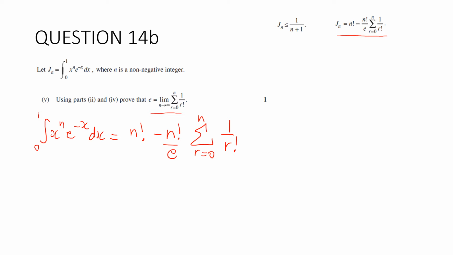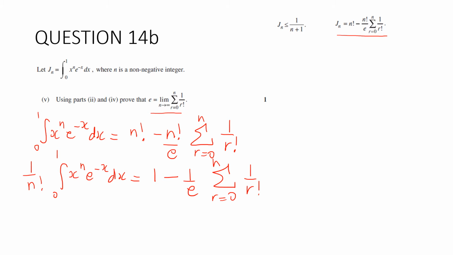Now I'm going to take this n! over to the left-hand side, like this, is equal to 1 take away 1/e, summation of r=0 to n of 1/r!.